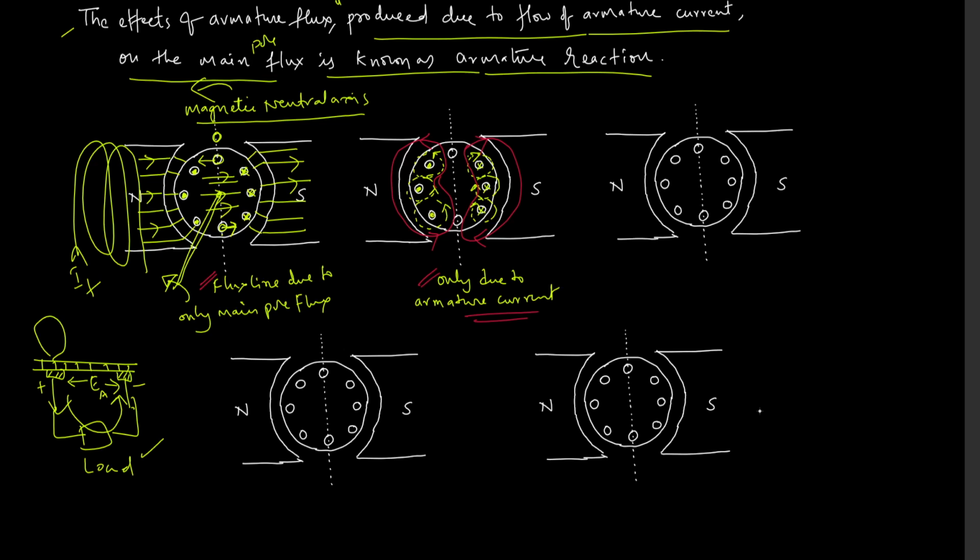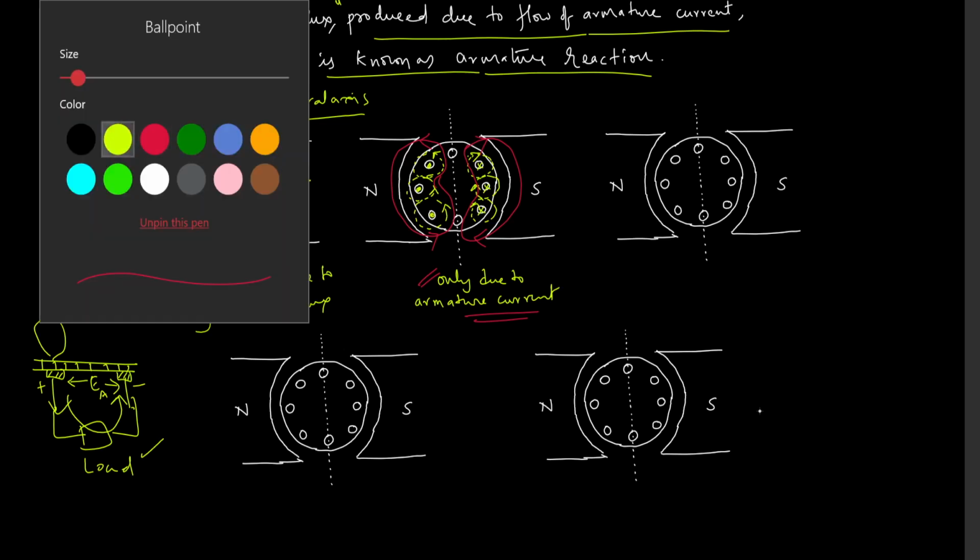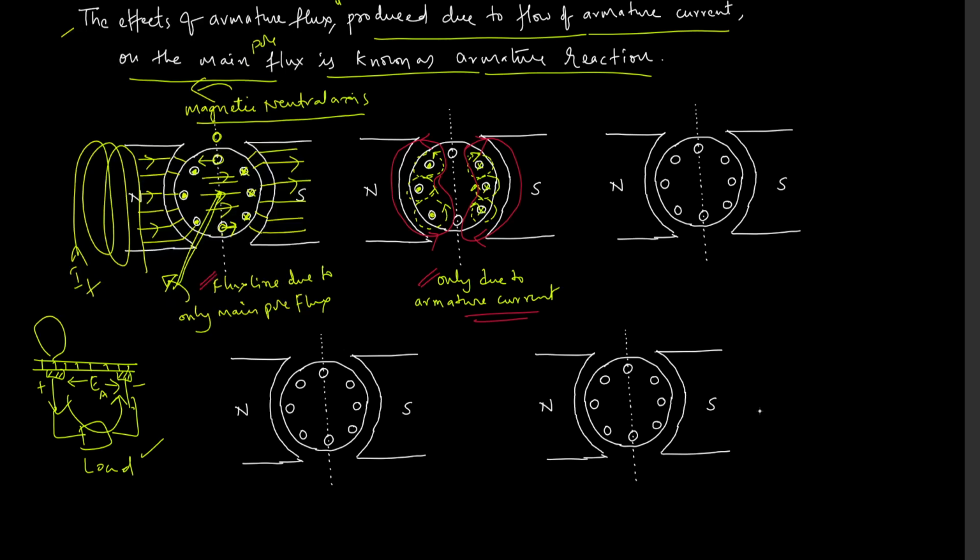Now what happens when they exist simultaneously? The armature flux lines oppose the main flux lines in this position, and aid them in this region. So the total flux in the armature in this region is reduced, and the total flux under the pole shoe at this end is increased.